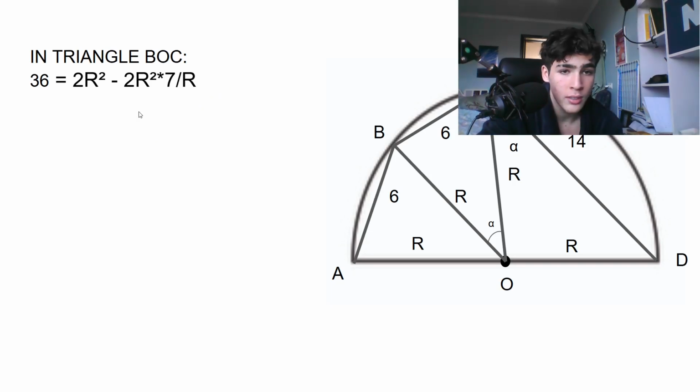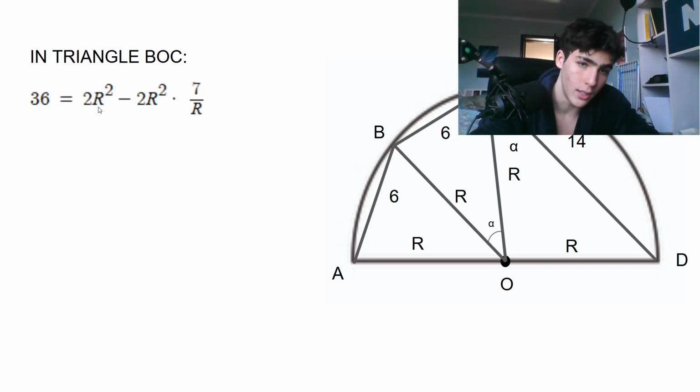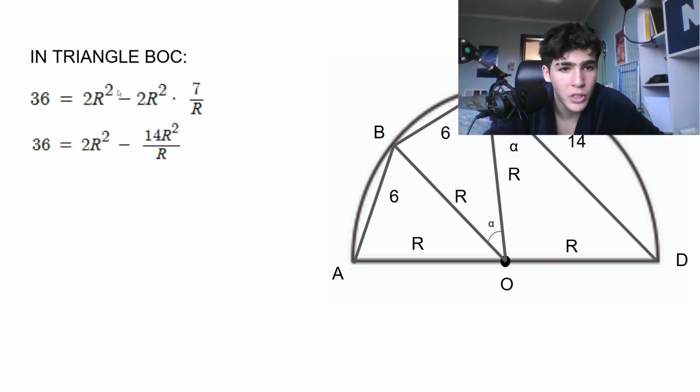Okay, we plug in this, and we're going into a little bit spooky territory, so I want this to be visualized better. So let's turn this into this. So 36 equals 2r squared minus 2r squared times 7 over r. Let's simplify this a little bit more. 2r squared times 7 is 14r squared, and 14r squared is going to be in the numerator, and this r squared will be cancelled out by this r in the denominator.